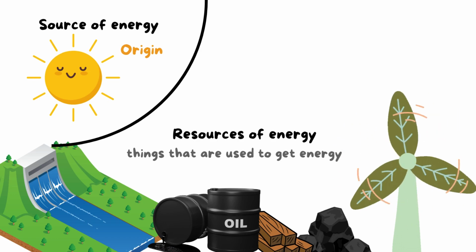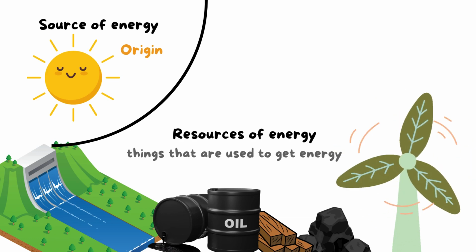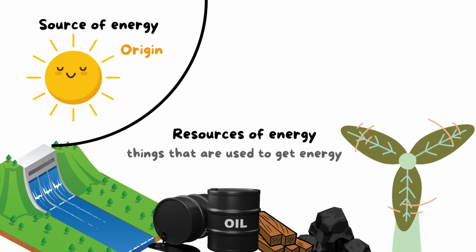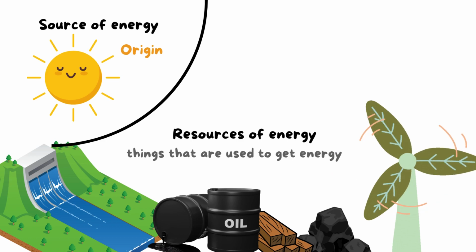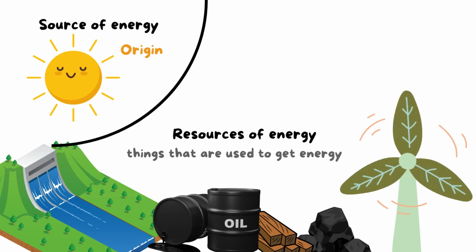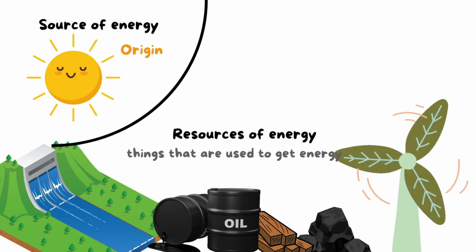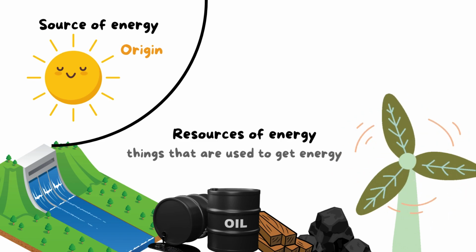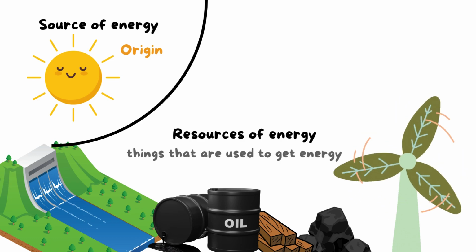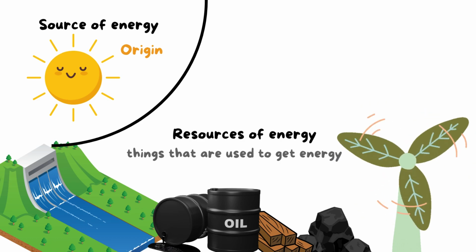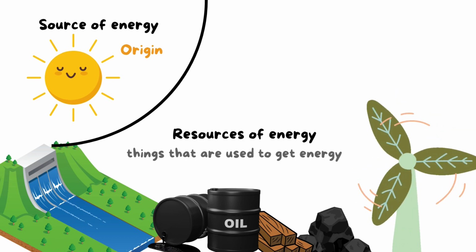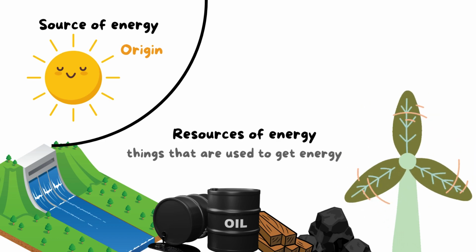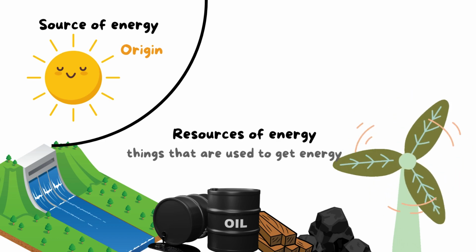So simply, source means the origin, as here, the sun is a source of energy, okay? But a resource is the thing that we use to produce energy, as fuels. We have examples like wood, like coal, okay?